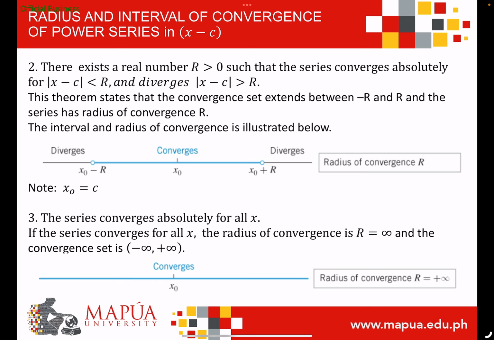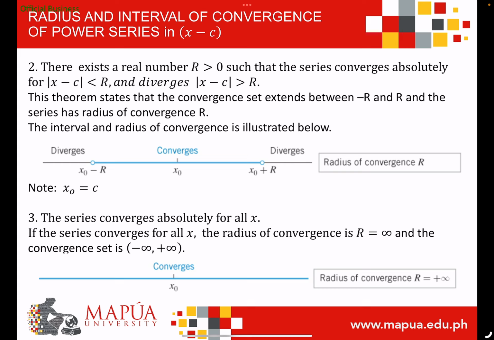There exists a real number r greater than 0 such that the series converges absolutely for the absolute value of x minus c less than r and diverges for the absolute value of x minus c greater than r. This theorem states that the convergence set extends between negative r and positive r, and the series has a radius of convergence of r.